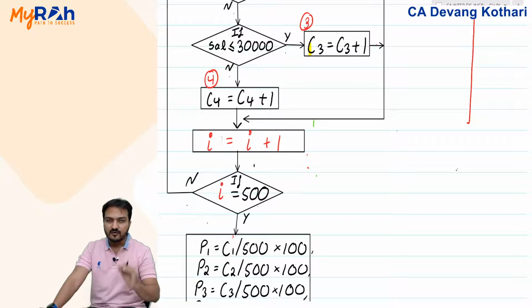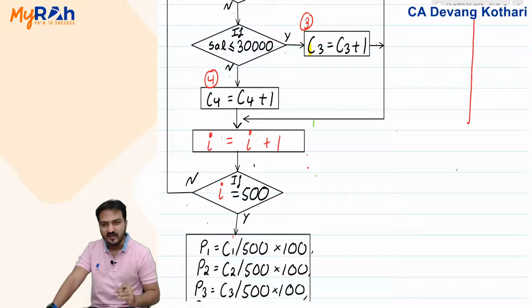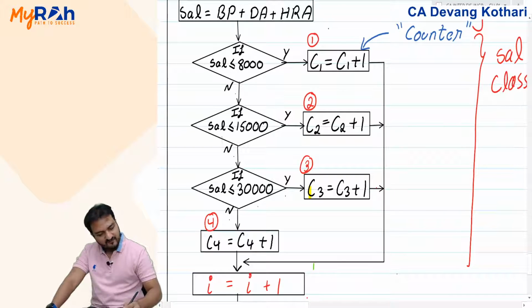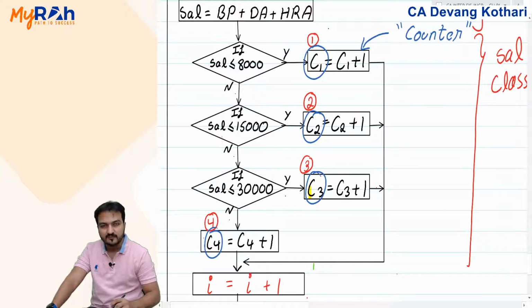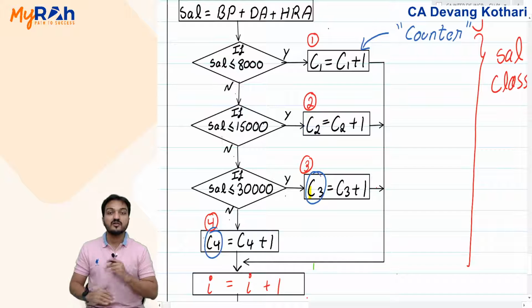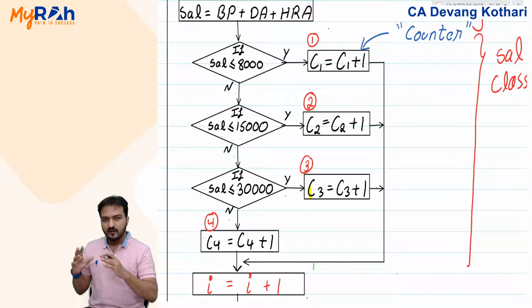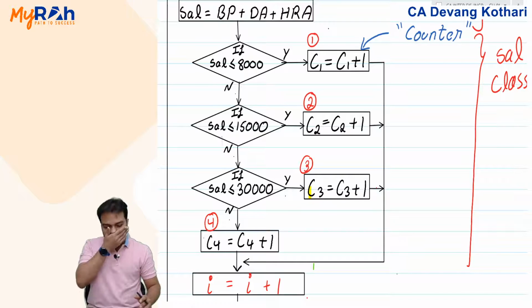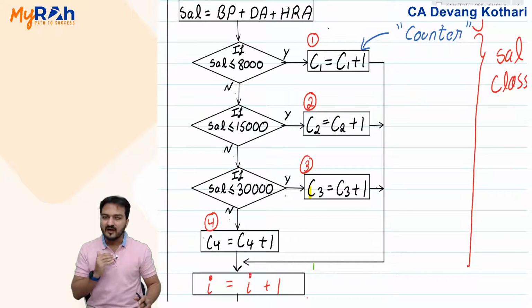If we have already classified all 500 salaries, what do you have right now? Well, right now I have the total counters C1, C2, C3 and C4. Meaning right now I have the total number of employees falling in category 1, category 2, category 3 and 4.